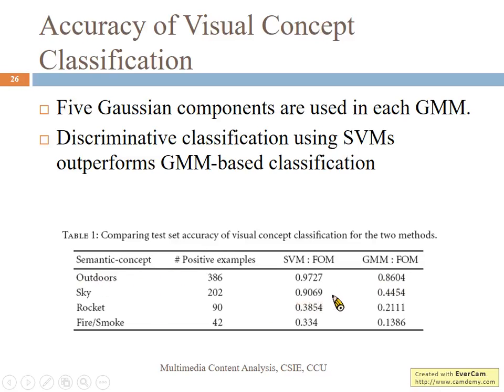For the sky concept and for rocket and fire smoke, we can also see in these 4 cases, SVM outperforms Gaussian mixture model when doing such static concept detection.